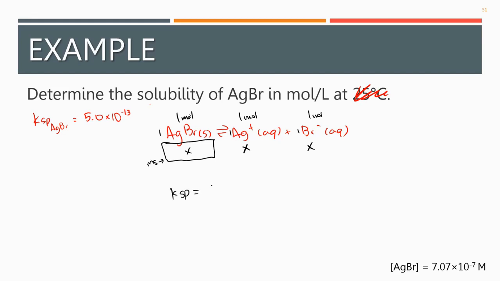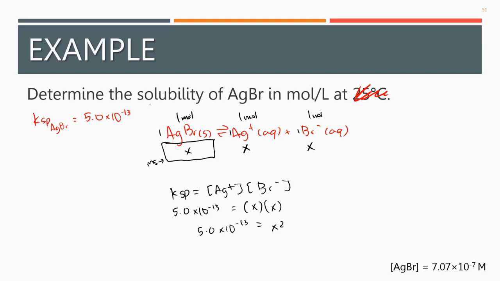So KSP is equal to the concentration of silver multiplied by the concentration of bromine. In this case, the KSP is equal to 5.0 times 10 to the negative 13. We have that piece of information. What's the concentration of silver at this point? Well, it's X. What's the concentration of bromine? Also X. So we get 5.0 times 10 to the negative 13 is equal to X squared.